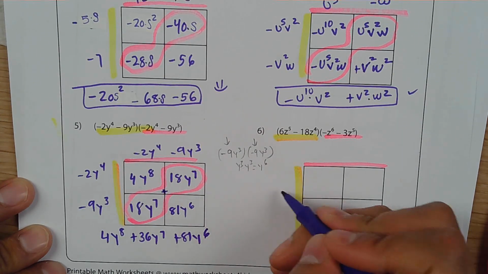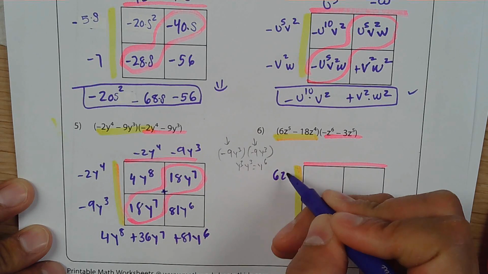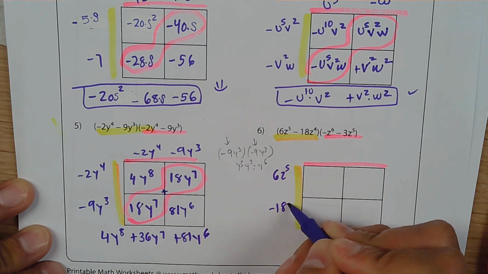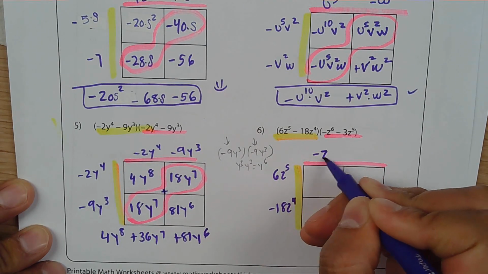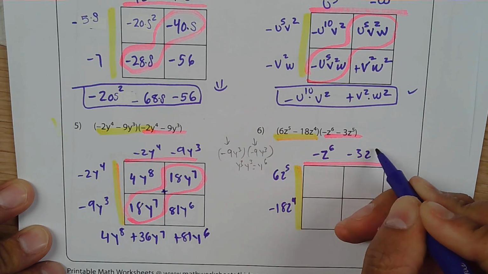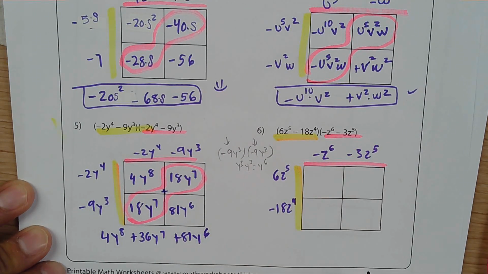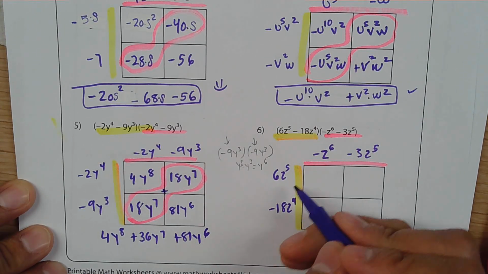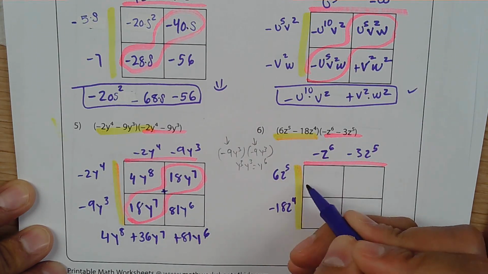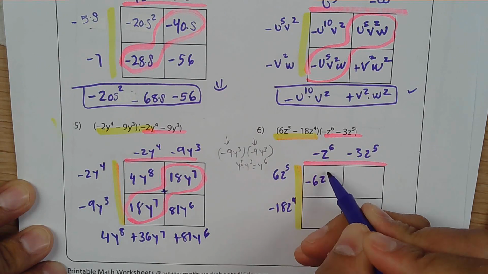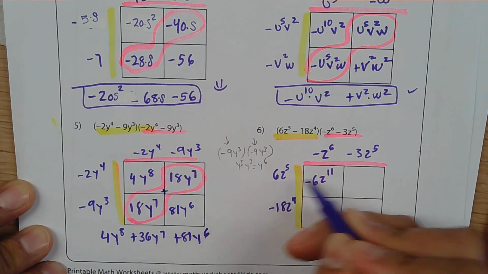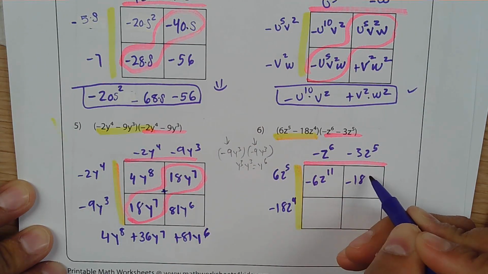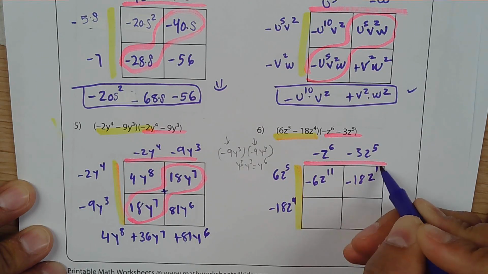So let's set it up. 6z to the 5th minus 18z to the 4 minus z to the 6 minus 3z to the 5th. Okay, so this will be 6 times negative 1 will be negative 6z to the 11, and 6 times negative 3 will be negative 18z to the 10.